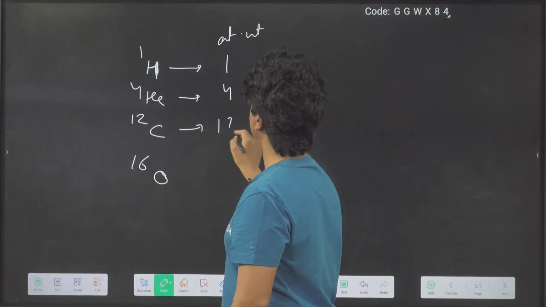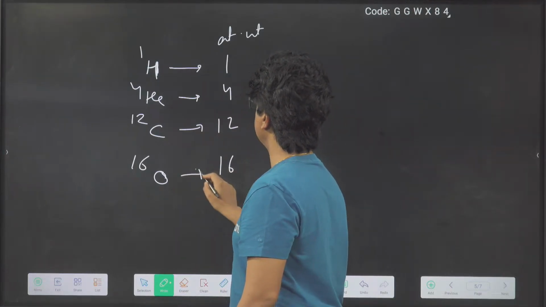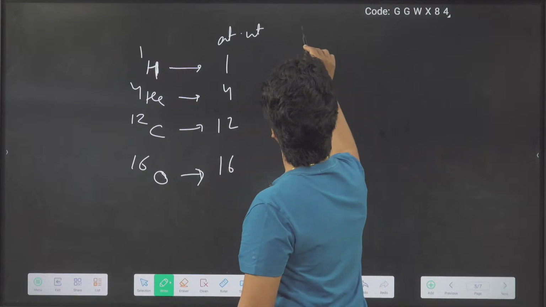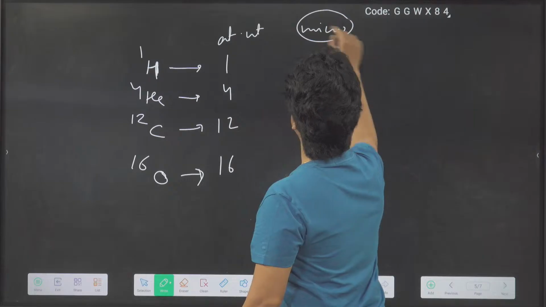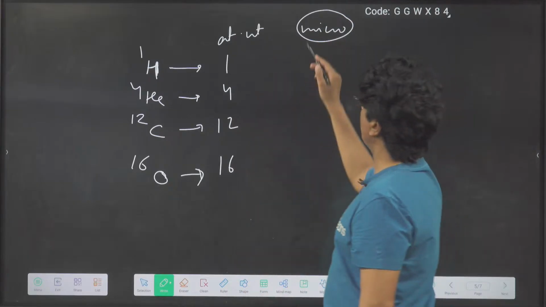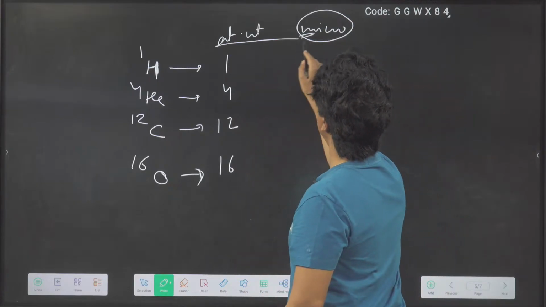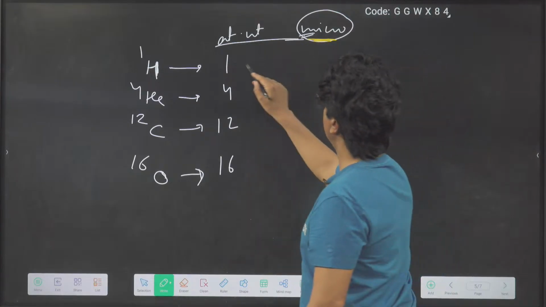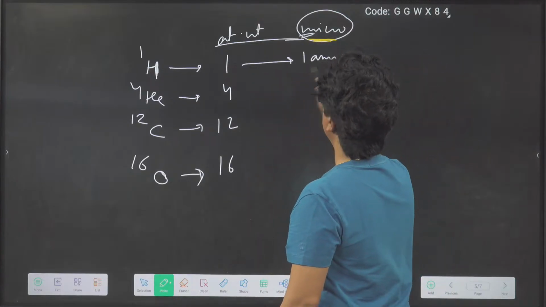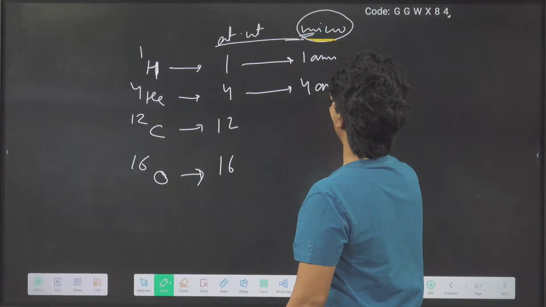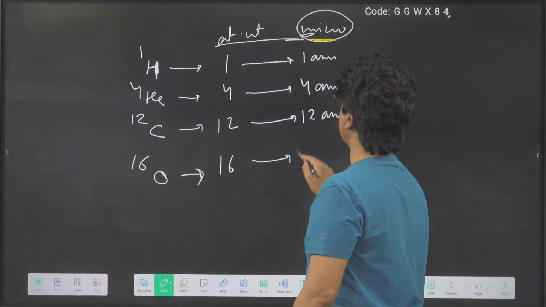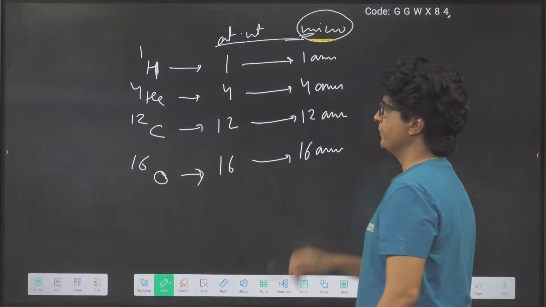It will be 12 units and 16 units. And if I'm looking at the microscopic world, what is the atomic weight? It will be 1 AMU. How about this one? 4 AMU. This one, 12 AMU. This one, 16 AMU.